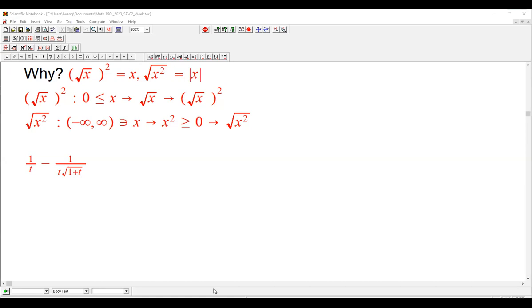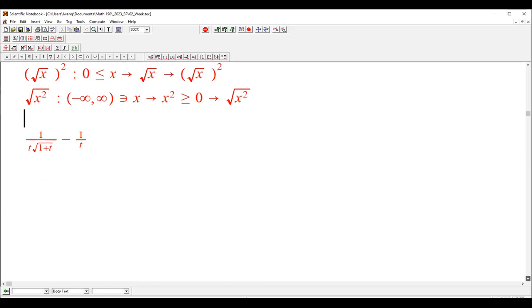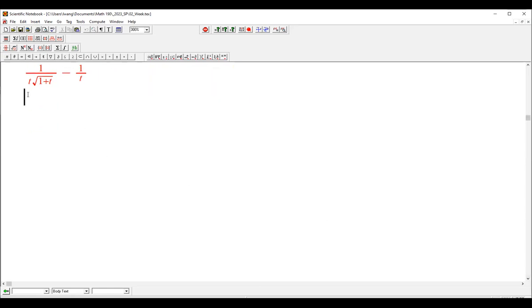Oh, I should reverse the order. Minus 1 over t. Sorry about that. So why did this question show up here, and we're asked to rationalize the numerator?